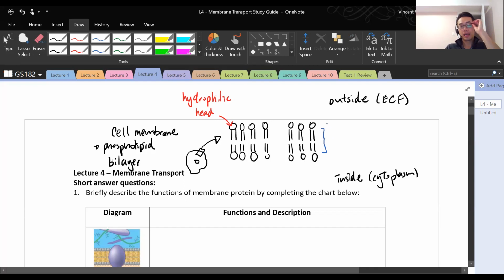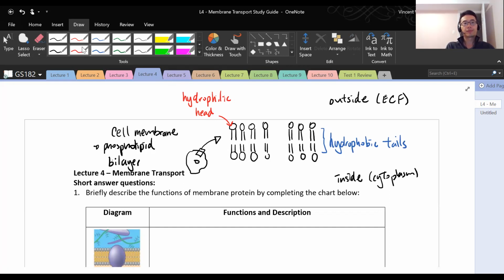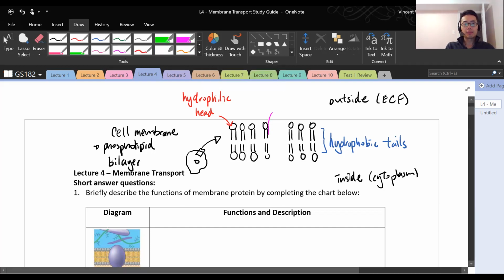Tails are made up of fatty acids, and so they will be hydrophobic tails. Now that's quite nice because it will create a barrier to prevent things from going in and out, without regulation.